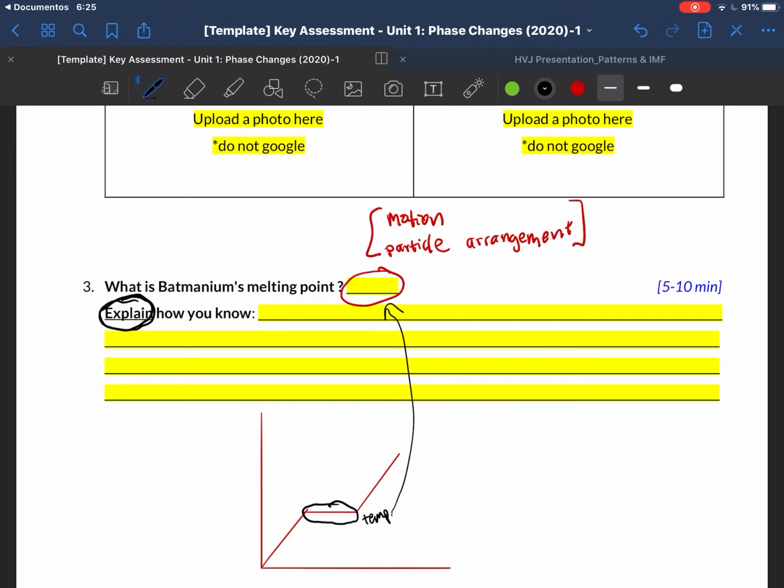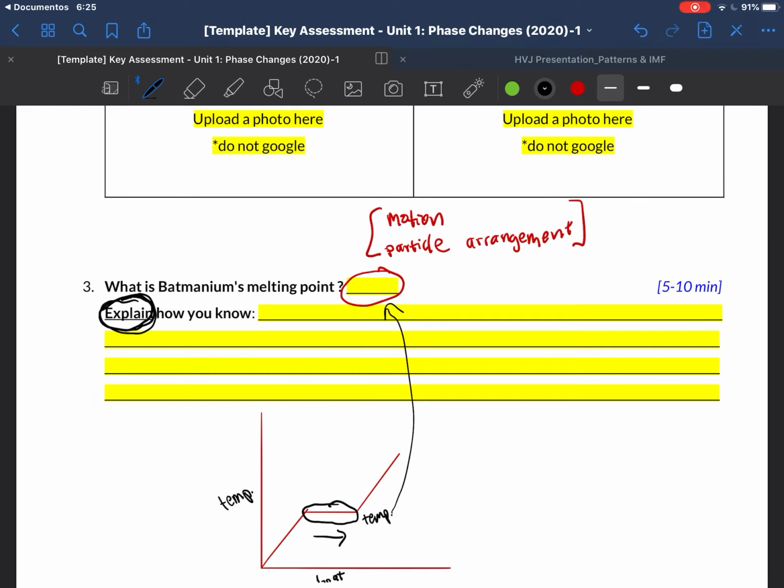So yes, we know, because we've told you, that the flat area of the graph is where a phase change occurs, but in order to fully explain this phenomenon, you have to address how do you know that increasing heat and not seeing a change in temperature means that you have a phase change.